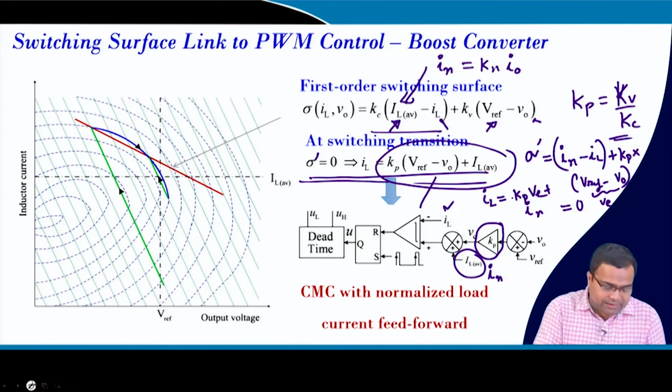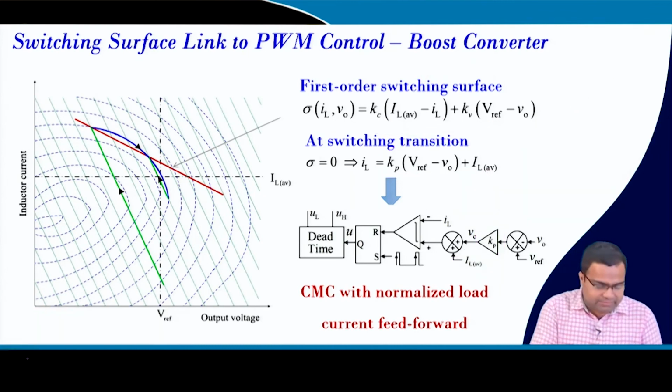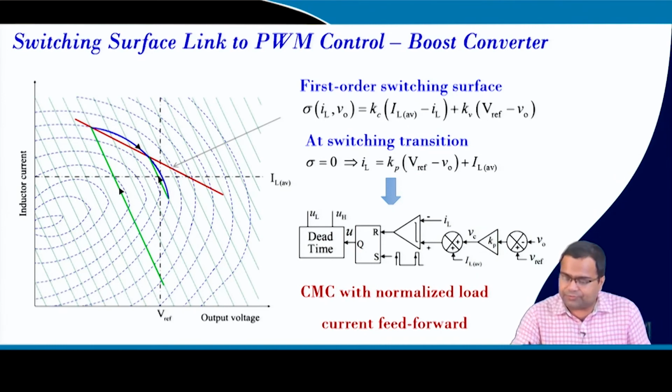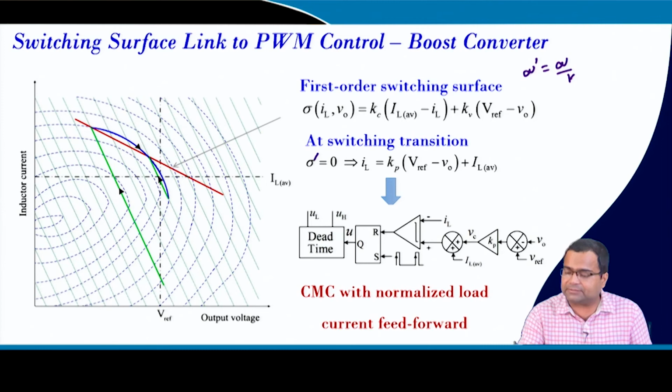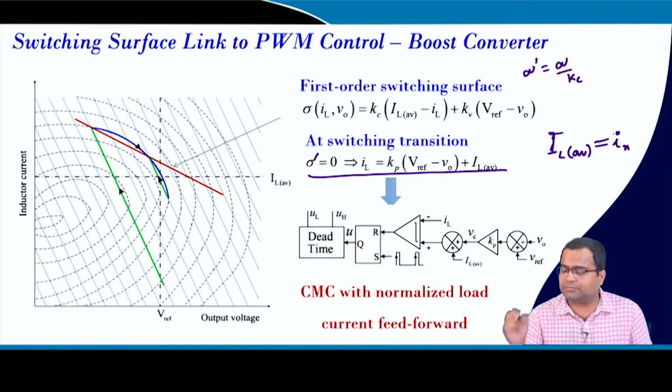So, if I write it down again, because there is too much text to visualize: first this is DOS, because we have divided, sigma dash is nothing but sigma by Kc. Then we will get this equation, and we know that IL average, that capital, you can think of it as my normalized load current.